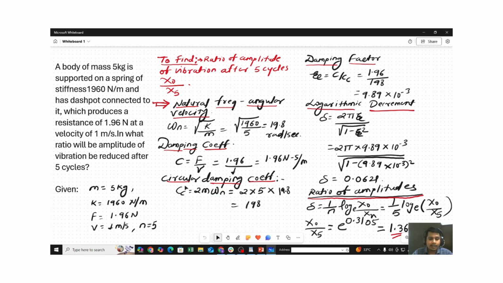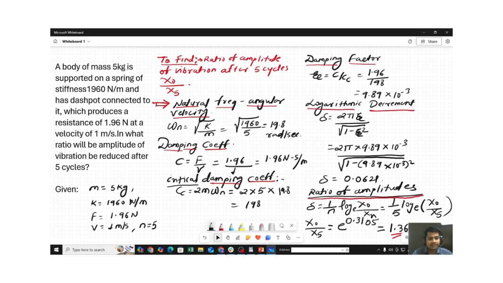Then the critical damping coefficient, how to find that?